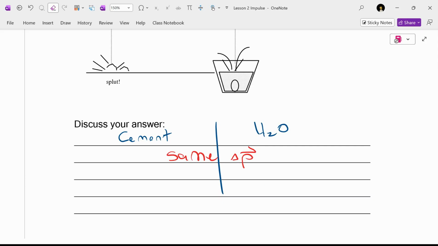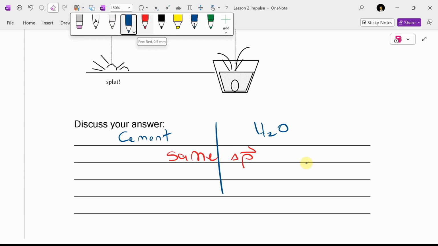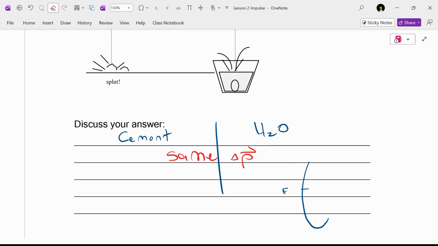Yes, yes. Okay. Impulse is force times time. So for the water, we have really big time, doesn't need much force. For the cement, really small time, well, to get the same impulse, you have to have a really big force. That's the only way you could get matching numbers.